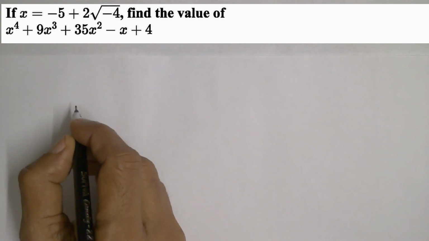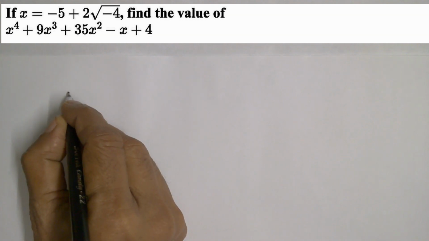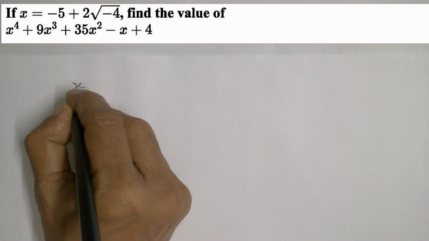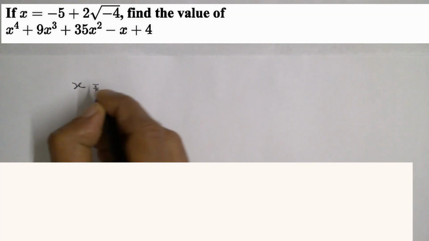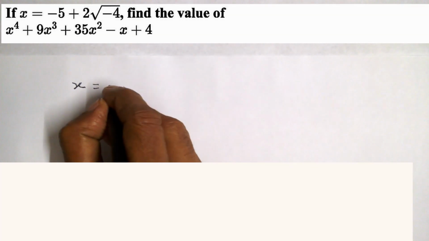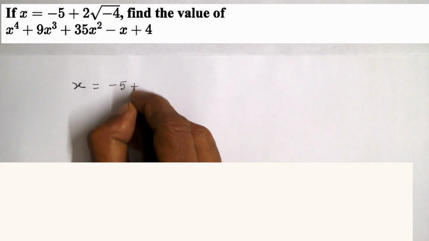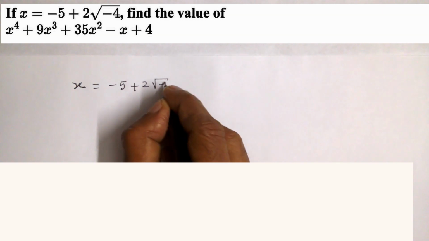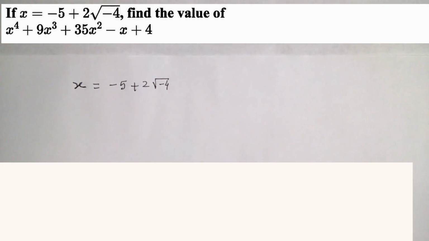First consider x that is equal to minus 5 plus 2 root over minus 4. We have to find out the value of the expression x to the power 4 plus 9x cube plus 35x square minus x plus 4.